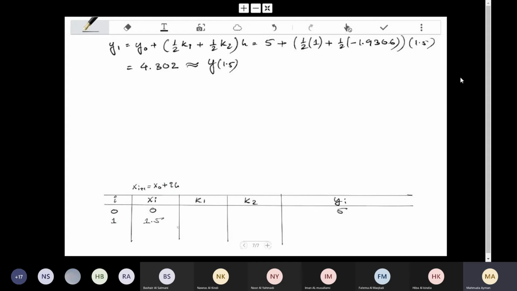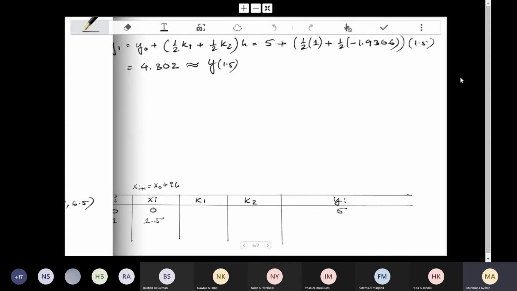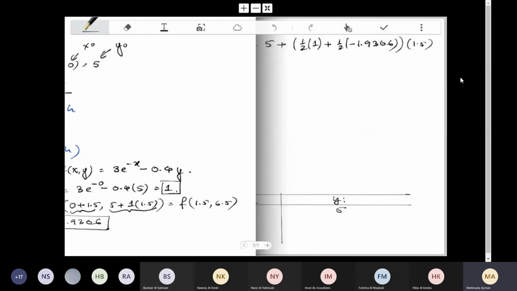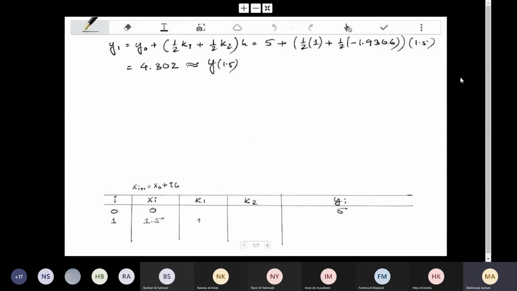And for the first step, we found k1 is 1 and k2 is minus 1.9306.